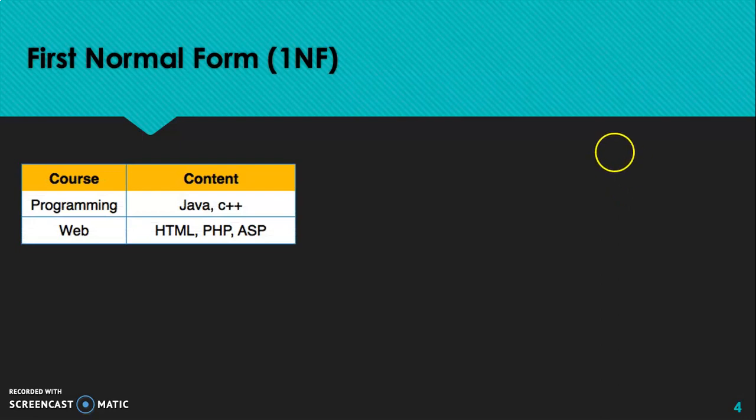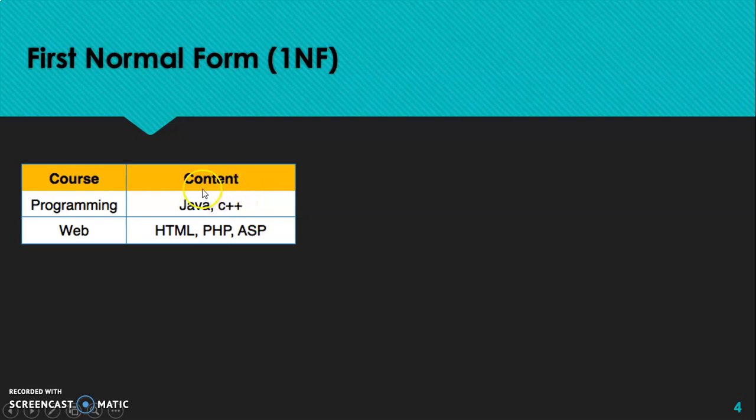We can see in the example here that we have a course type as programming, and we have the content as two different values, Java and C++. Similarly, we have a course type as web, and in this we have the content as HTML, PHP and ASP.